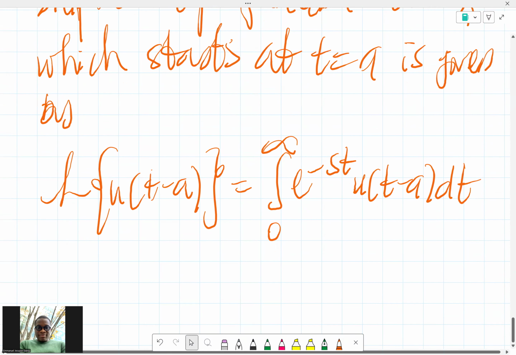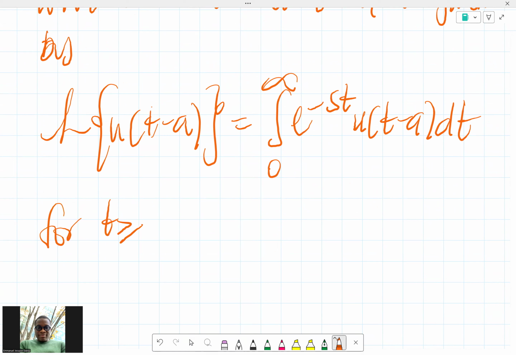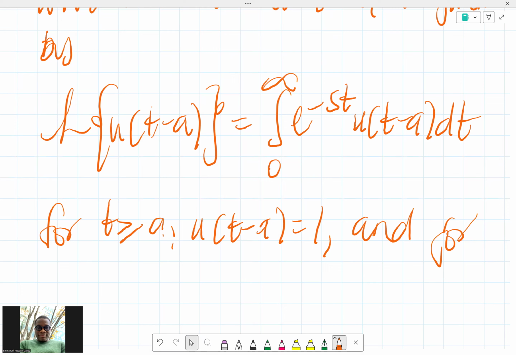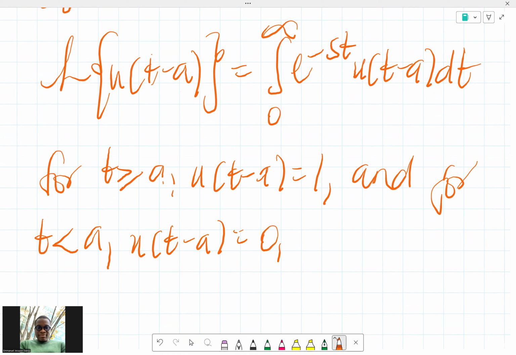Here we know that for t greater than or equal to a, u of t minus a is equal to 1, and for t less than a, u of t minus a is equal to 0.